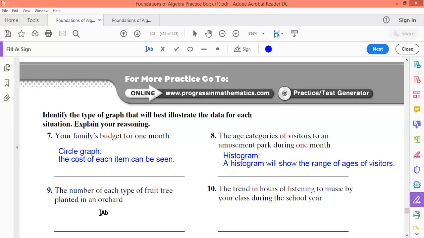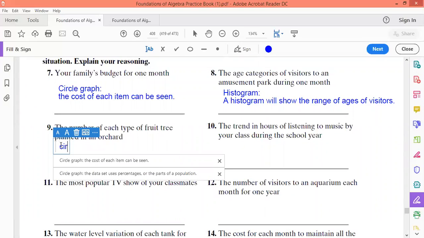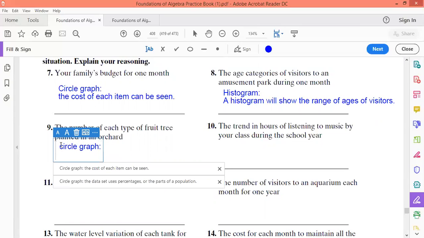The number of each type of fruit tree planted in an orchard. It will be a circle graph. Each item can be seen in relation to the whole.